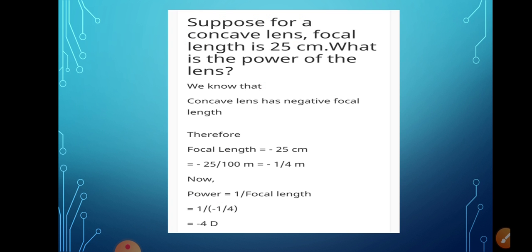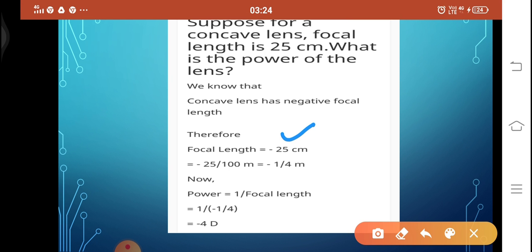For example, suppose a concave lens of focal length 25 centimeter. What is the power? It is a concave lens, so first of all the focal length will be minus 25. Now we can convert it into meter.